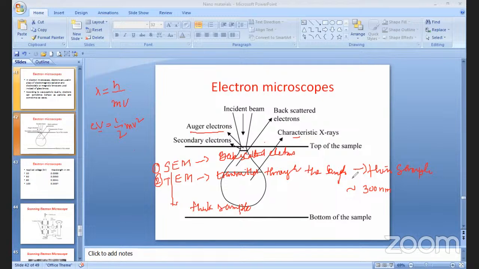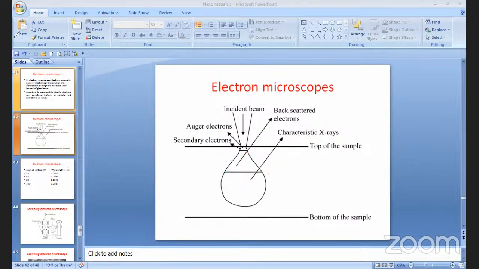Therefore, these electron microscopes, whether SEM or TEM, need vacuum for their operation. Both will be kept in a vacuum in order to avoid scattering of electrons by air. So this is about the SEM as well as the TEM. Now we'll see in detail about the SEM as well as the TEM.